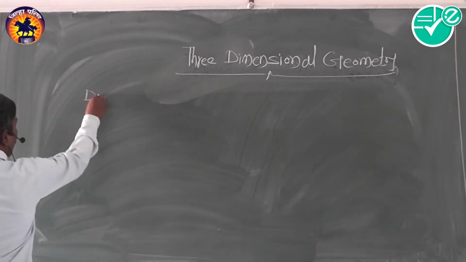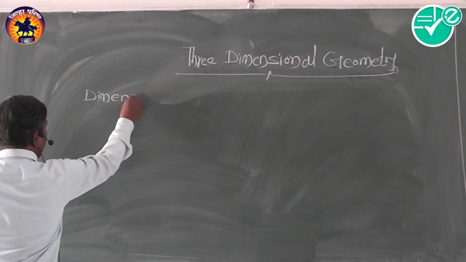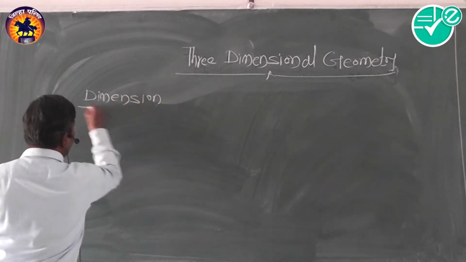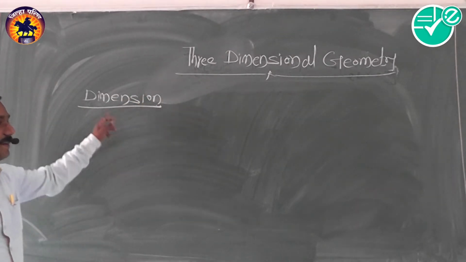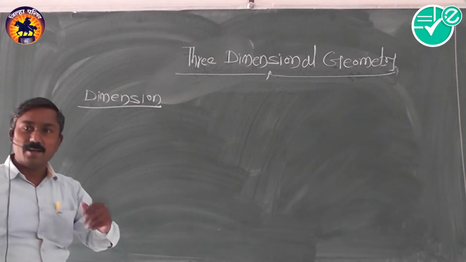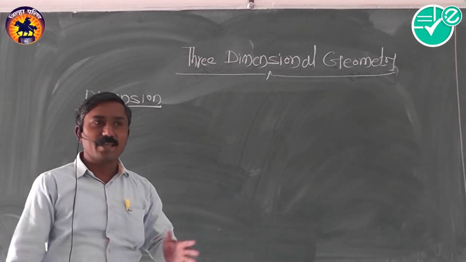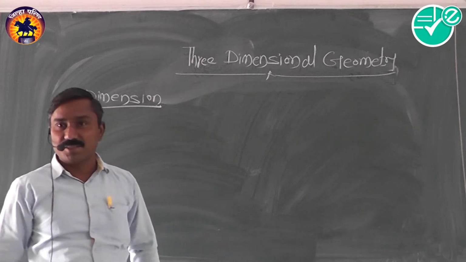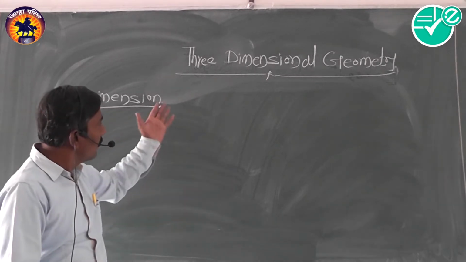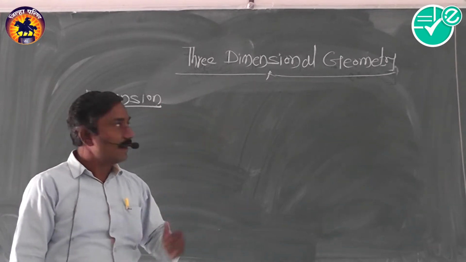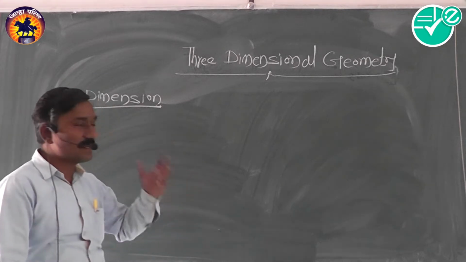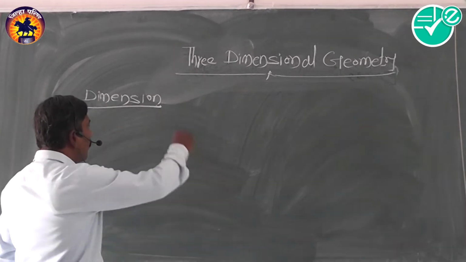First, we discuss the word dimension. Dimension means, in general, we can say the shape of any object, but in three-dimensional geometry, dimensional means it has three important points.